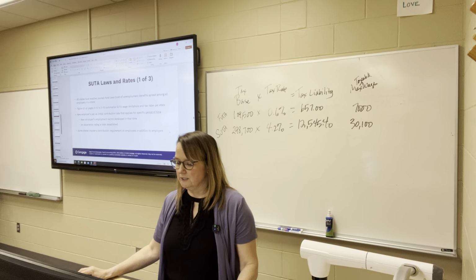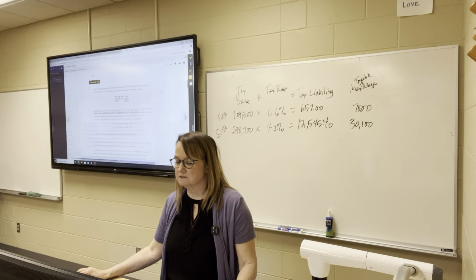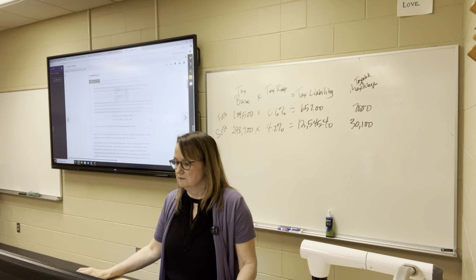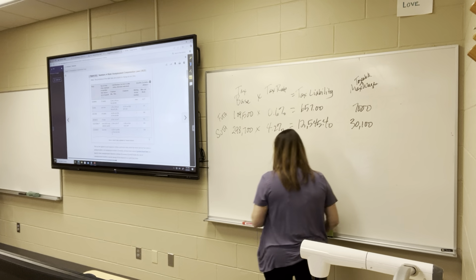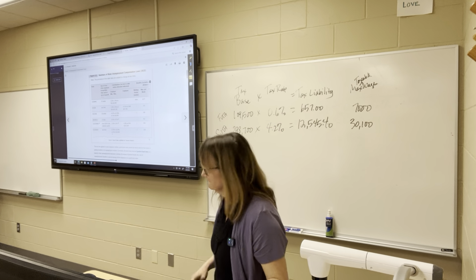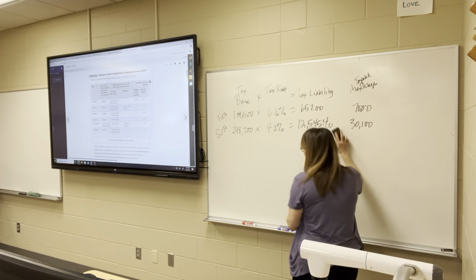Let's take a look at individual states and we'll play around here. So in your book, this is the table, and it's just terrible to look at when all you have is the ebook. It's not very, you know what, hold on a second.